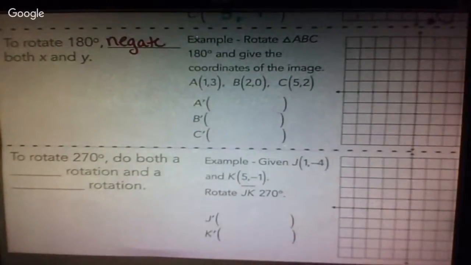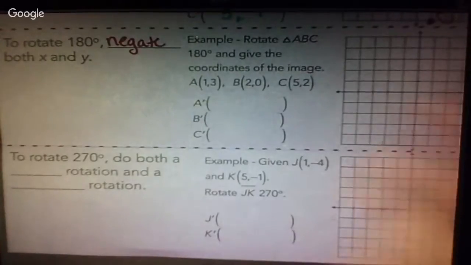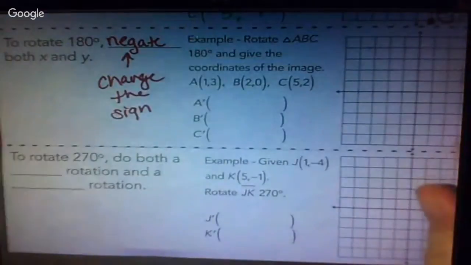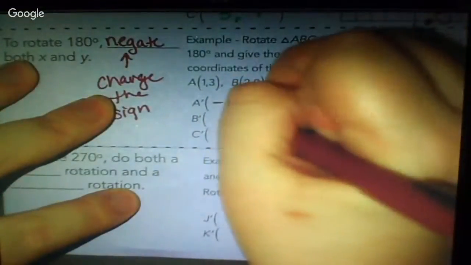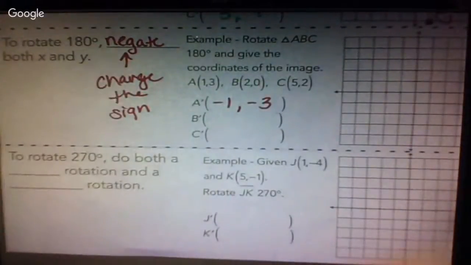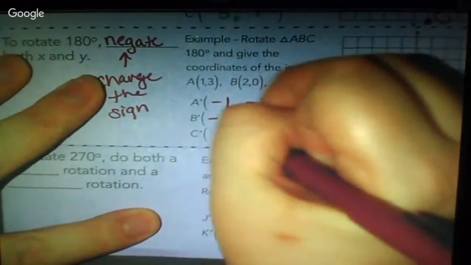So to rotate 180 degrees, we negate both X and Y. When I say the word negate, that means change the sign. So if I start at +1, +3, I go to -1, -3. If I start at +2, 0, I become -2, 0.